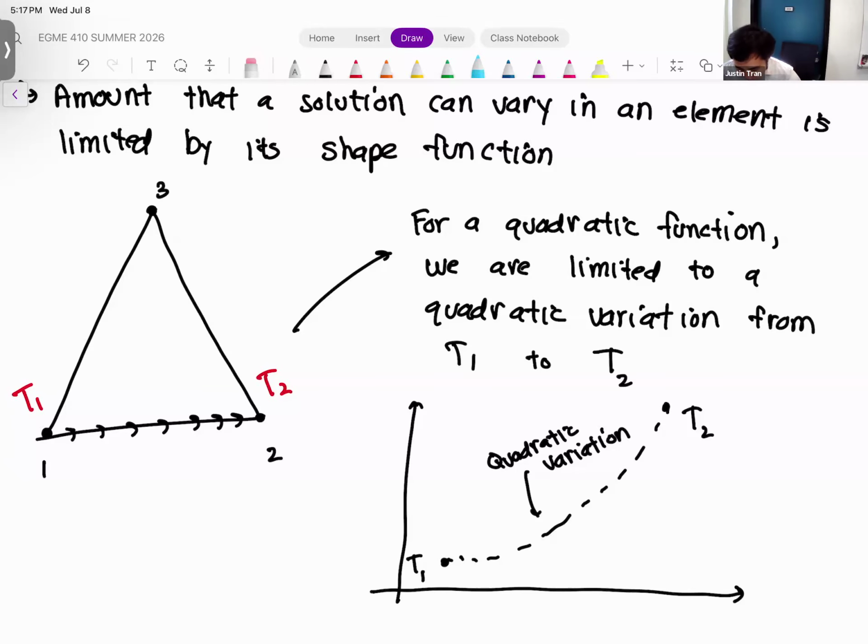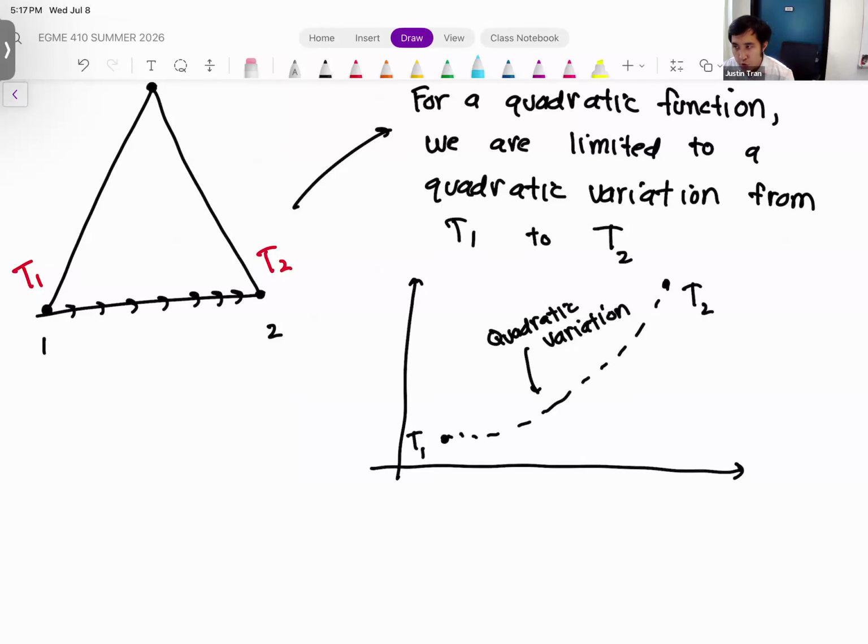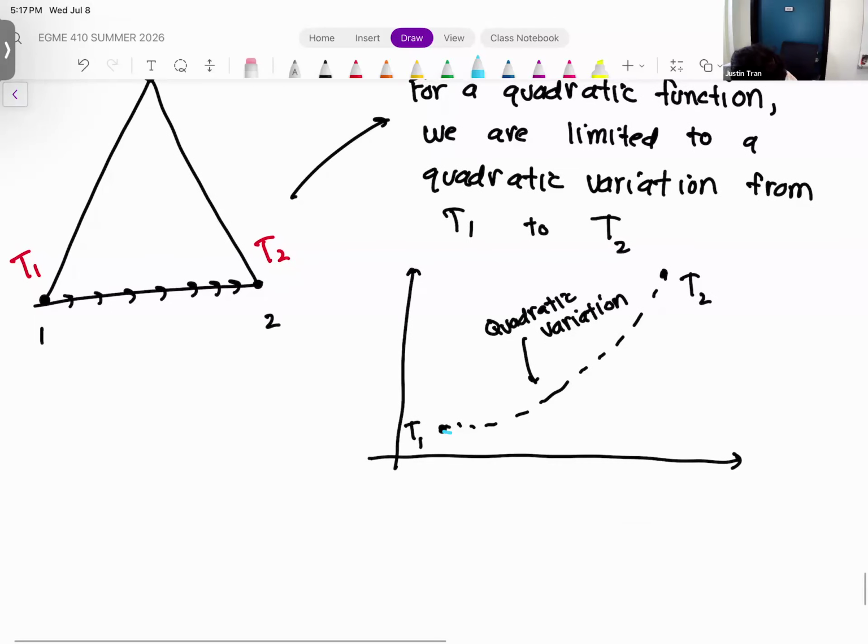So in reality, the variation of T1 and T2 may follow a different trend. So maybe it's following something like that. In the light blue here, maybe this is the true trend. Or maybe there's not a lot of change at first, maybe there's a lot of rapid change at the end.